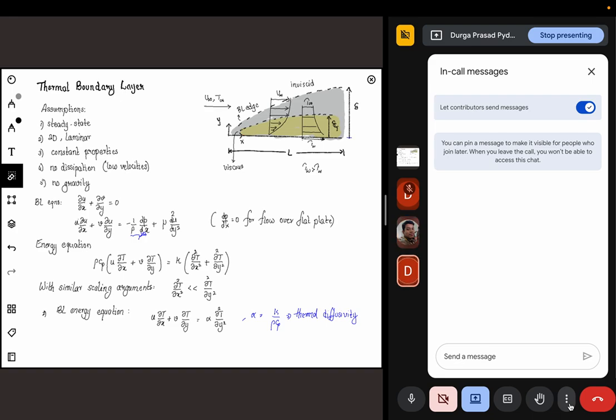I didn't get which particular point. Here, this is the velocity profile.